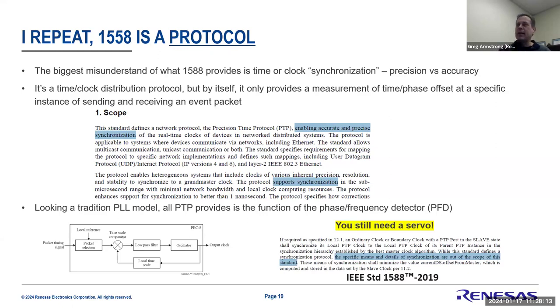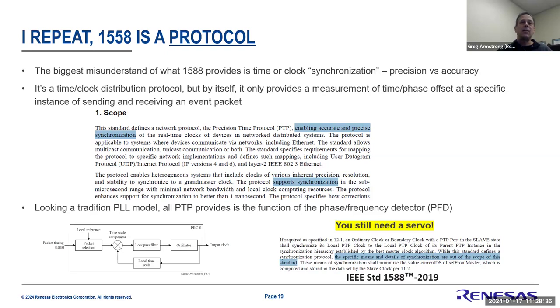So a lot of times I put the slide up again and repeat: 1588 is a protocol. It itself is not synchronization. You can't just take the protocol and magically think your systems are synchronized. There's a component missing, and that component is the servo, which is really getting into our talk. You have to be aware of this. I highlighted things right out of the 1588 standard.